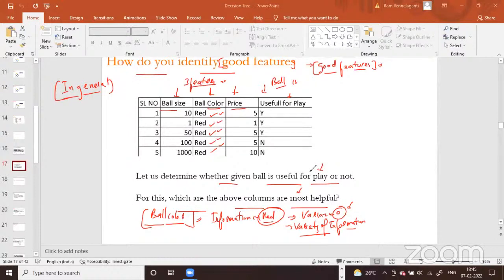Therefore, it is not helpful for us. Ball color is definitely not a useful column because the variance is 0. Variance is nothing but variety of information, or you can call it information in simple terms.